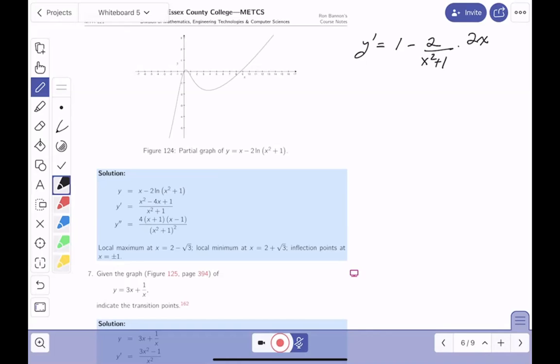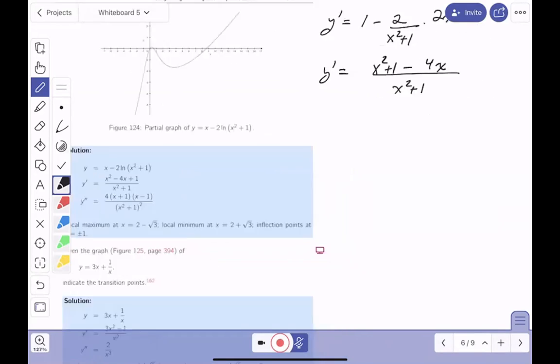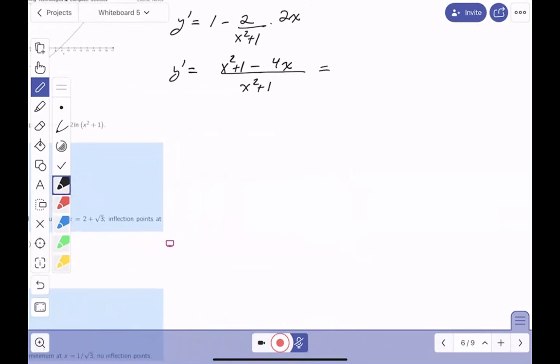That looks pretty good. I'm going to simplify this. I'll check the key later. The denominator x squared plus 1, numerator would be x squared plus 1 minus 4x. Did I do that right? Yep, I think so. Let me simplify a little bit more. And what do you get? x squared minus 4x plus 1 over x squared plus 1.